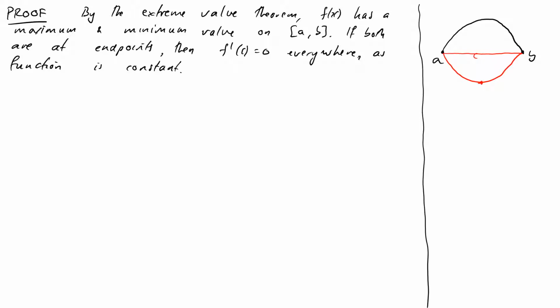And otherwise, we're just going to assume that we have a maximum somewhere between a and b. Now, we may have a minimum instead, in which case we could turn our function upside down. But without really losing any generality for our argument, we'll assume the maximum is at c for some c in between a and b.